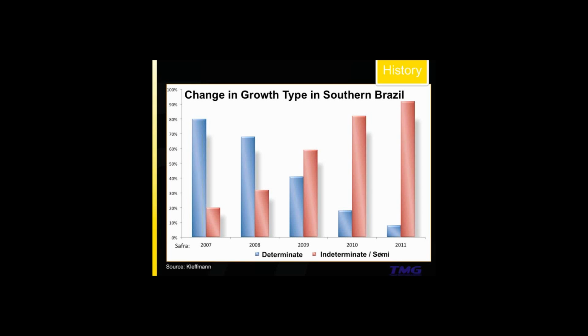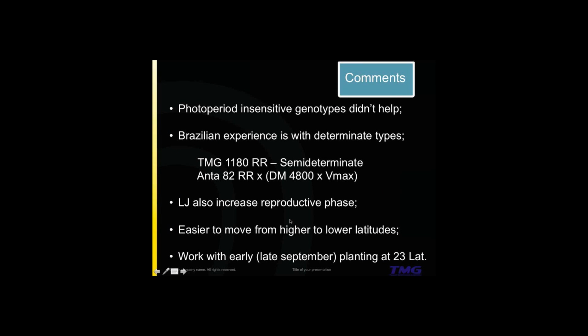Okay, so we are going through a process where we are learning to work a little bit with long juvenile trait, different amounts of long juvenile trait on indeterminate and semi-determinate backgrounds. Okay. So another thing that I would like to comment is that photoperiod insensitive genotypes didn't help us to move soybeans to low latitudes.